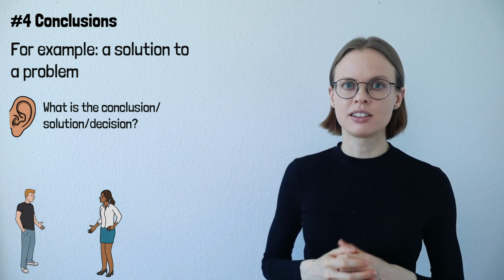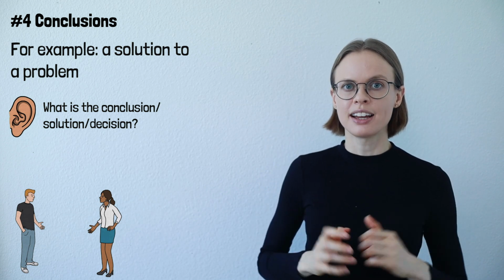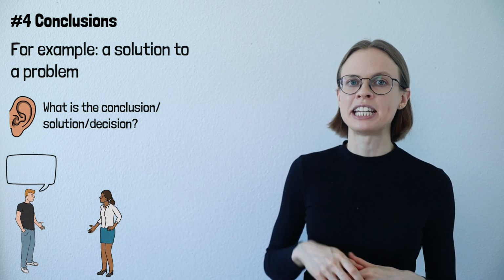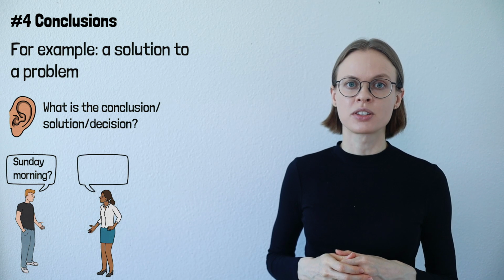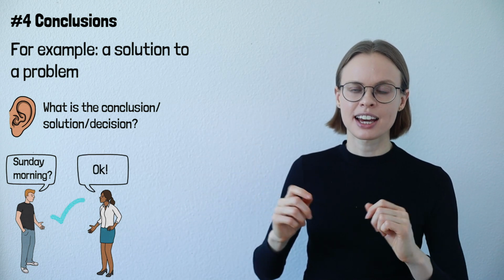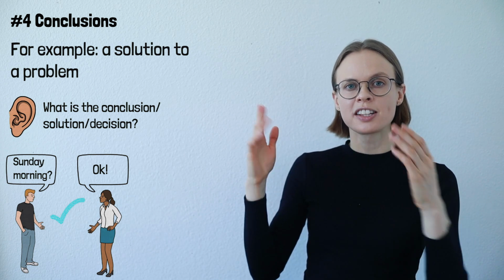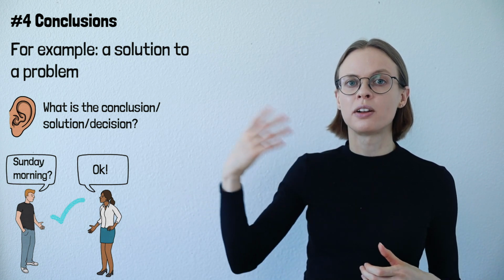A possible solution to this problem may be that they both agree that the student is going to hand in his assignment on Sunday morning, for example. This way, the student can still work on his assignment on Saturday, and the professor can correct the assignment on Sunday in the afternoon and give it back to the student on Monday.